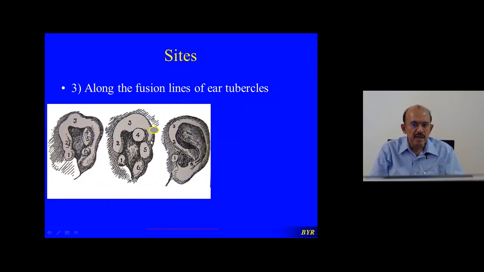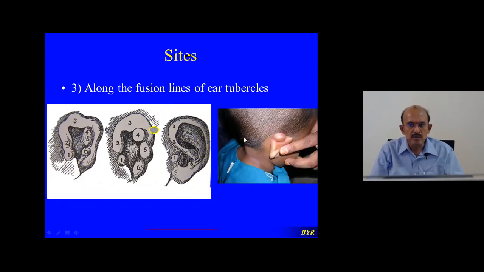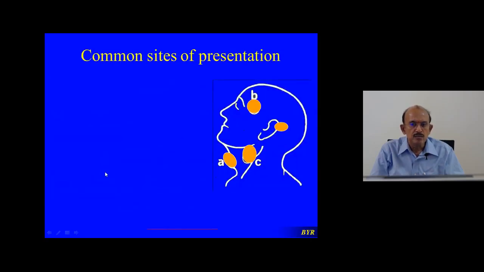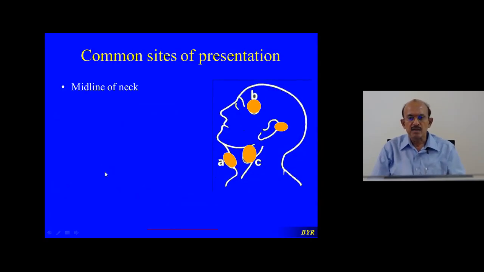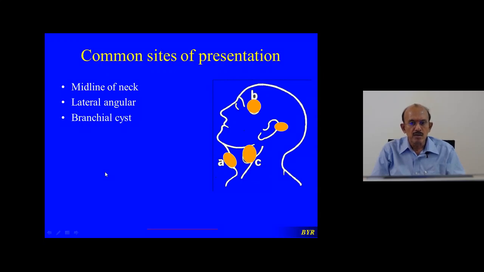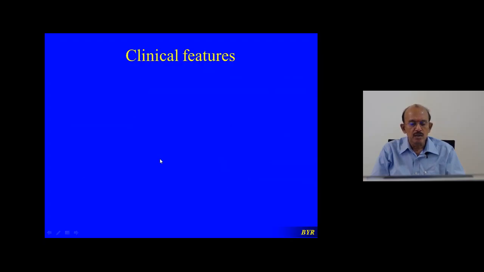So at the junctional lines of these tubercles, there can be development of dermoids. And say this is a dermoid here. So common sites of occurrence: midline of the neck, lateral angular dermoid, branchial cyst, periauricular dermoid. So these are the common sites of dermoid occurrence.